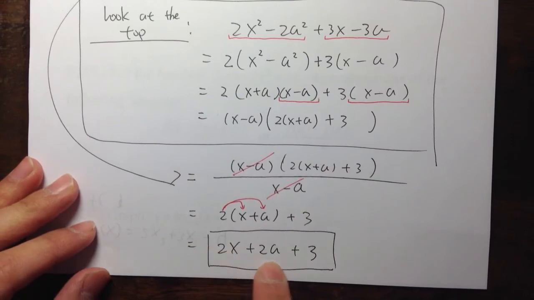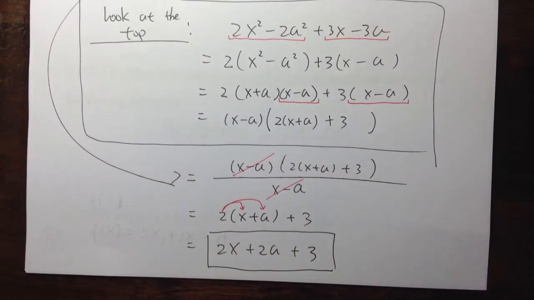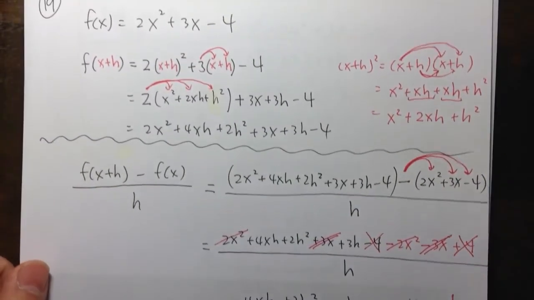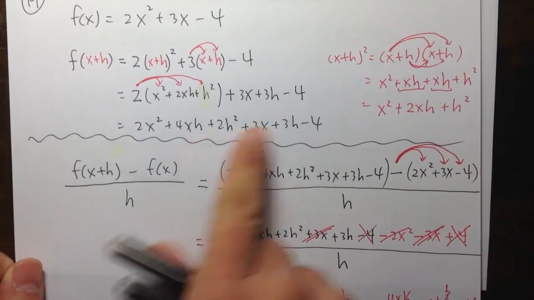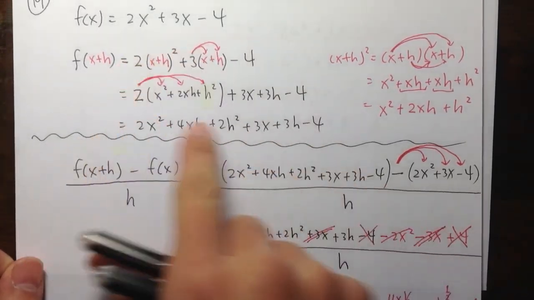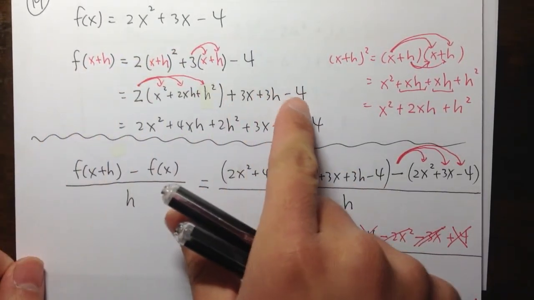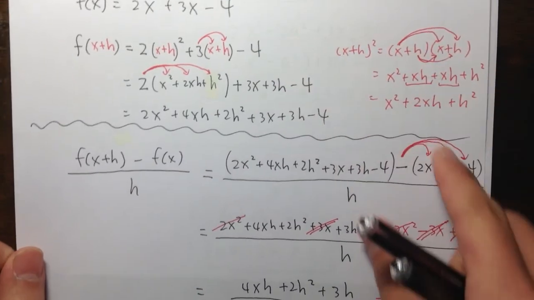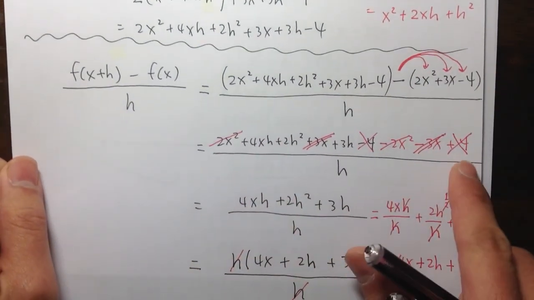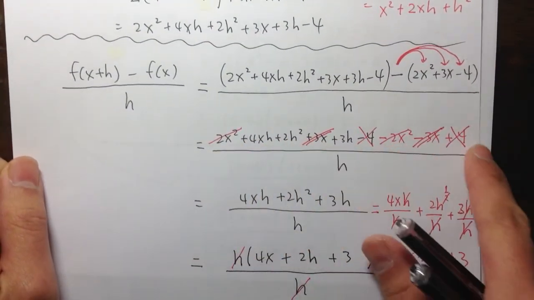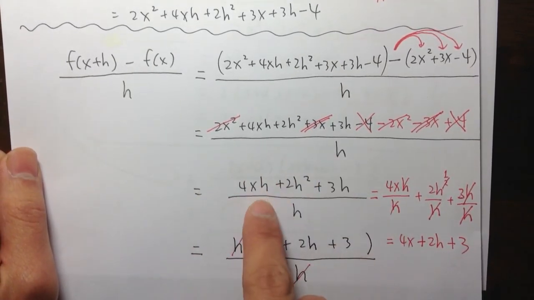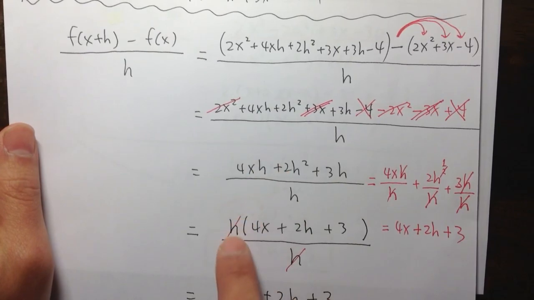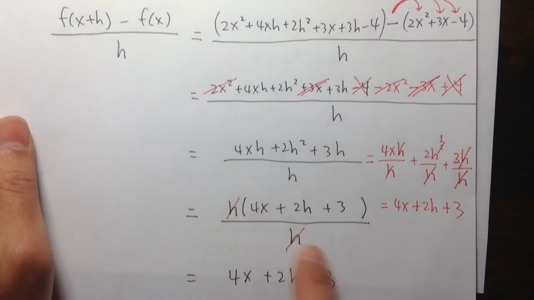You get 2x plus 2a plus 3. And earlier, when we did it with the first formula, the hard part is figuring out what f of x plus h is. That took some work, but the rest is more straightforward. You can see a lot of cancellations. And for this, once you get to this part right here, it's relatively easy to just factor out the h and then cancel with the denominator.